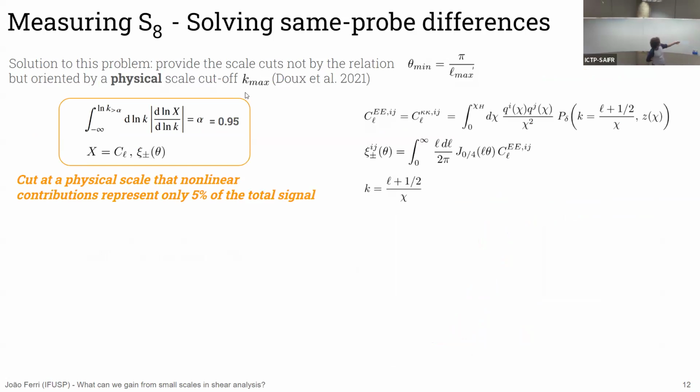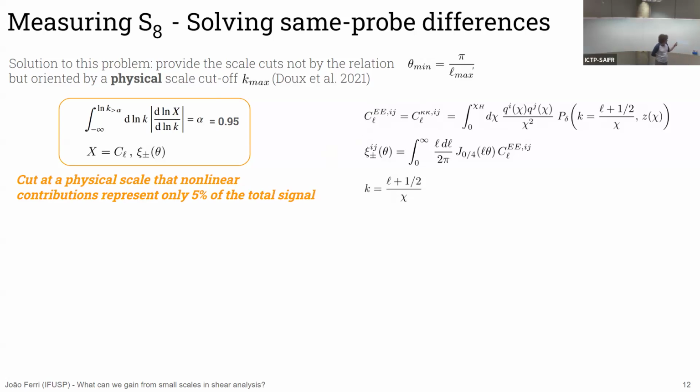It's basically saying that if you integrate all your signals, so all your CL, up to a Kmax, making this change of variables right here, it must contain 95% of your total signal. In other words, if you do this integration of your total signal, either being CL or psi, only 5% of small scale effects must be present.